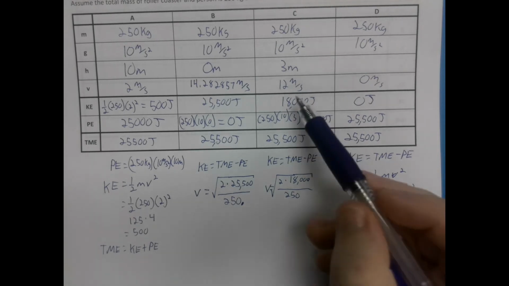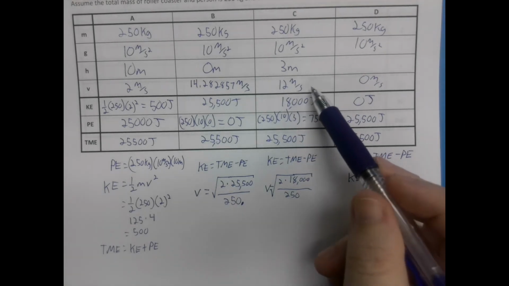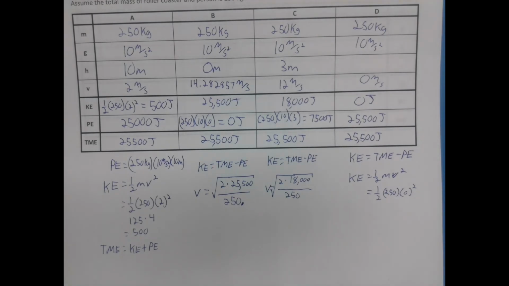So did everyone get 12 meters per second? That's 1800. What number is that? Is that the number I have written?